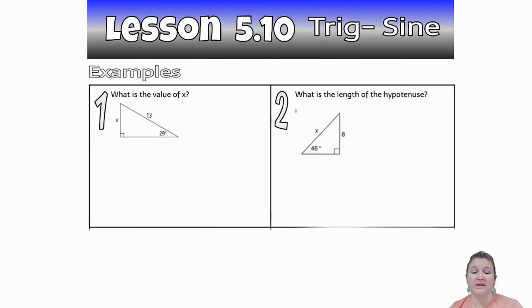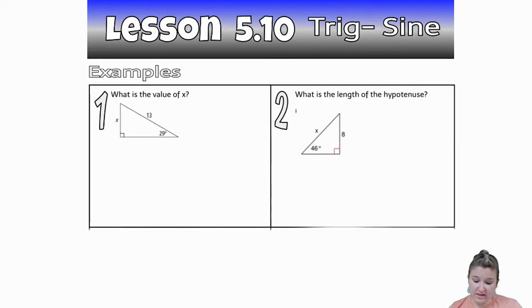So let's take a look at what this looks like with problems, because that's what you're really concerned about. We're going to find the value of x. Starting out, we're going to use just the opposite divided by the hypotenuse.